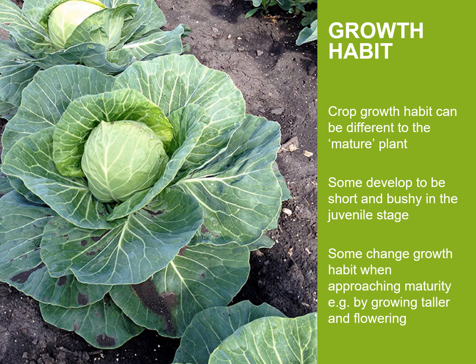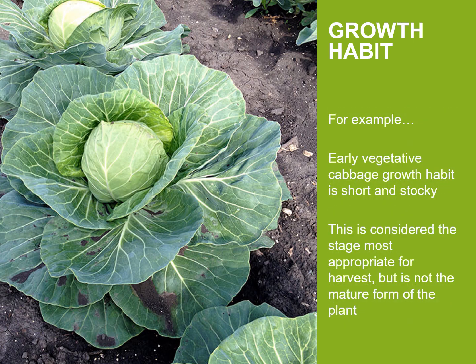Some develop to be short and have bushy characteristics in the juvenile stage of growth, and some change growth habit when approaching maturity and adulthood, for example by growing taller. Just to use this as an example, in case you don't know, this is what a cabbage plant looks like, characterized by short, squat and stocky growth very close to the ground.